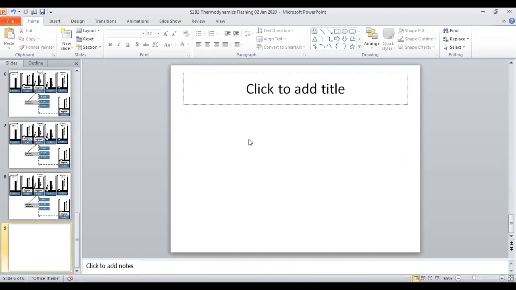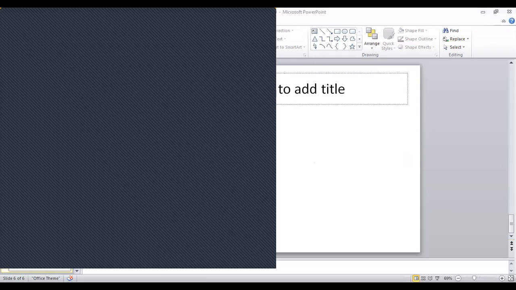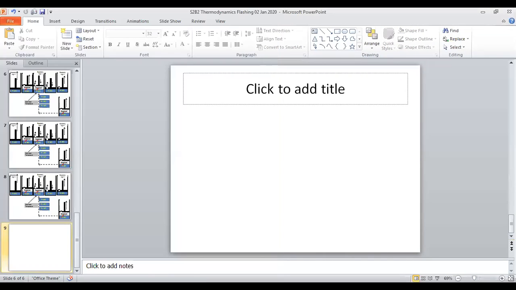Can you remember one time we drew some LP gas cylinder also? Let me look for a fire extinguisher.